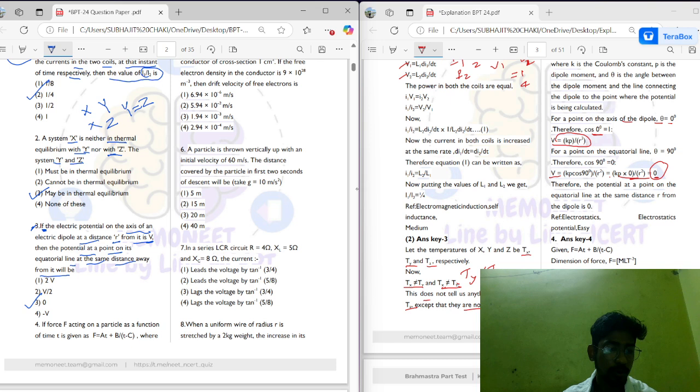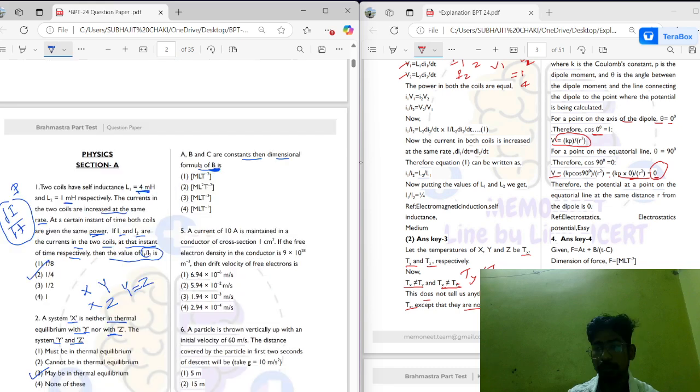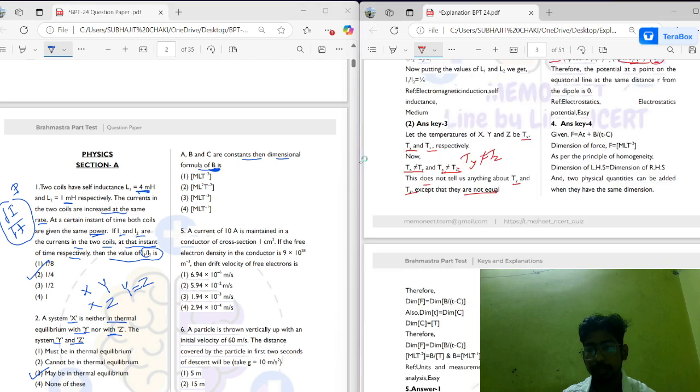Question number 4. If a force F acting on a particle is a function of time t, F equals at plus b divided by t minus c, where a, b and c are constants, then find the dimensional formula of b. You have to apply dimensional homogeneity.